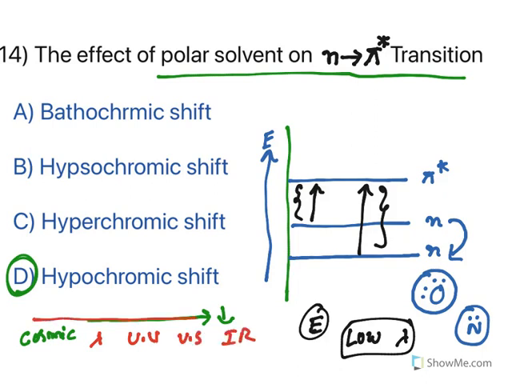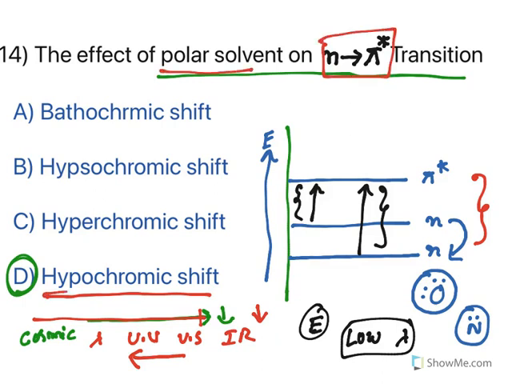When you are moving from left to right, wavelength is increasing, but what is happening to energy? Energy is reducing. Right? Now look at this. When this transition needs higher energy, it moves to the left side, lower wavelength or higher energy. If it is moving to lower wavelength absorption, it is hypsochromic shift. So n to pi star transition in presence of polar solvent goes to hypsochromic shift.